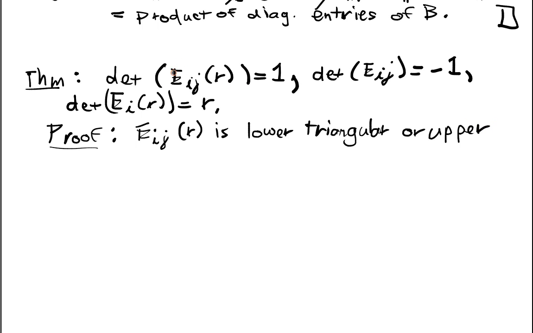Because i does not equal j for all these, the r is going to be off of the diagonal, and it's either above the diagonal or below the diagonal. You can't be on the diagonal here. And all the diagonal entries are 1.